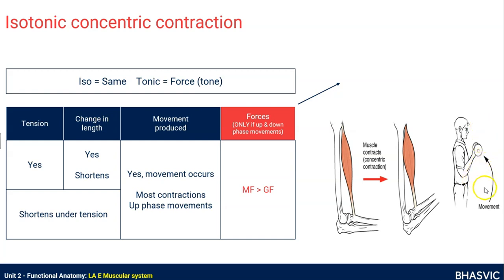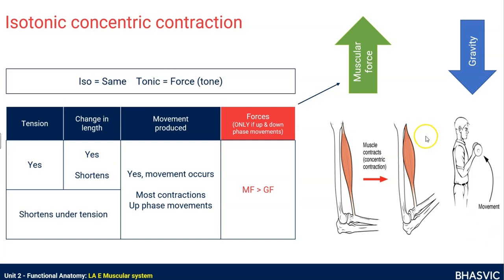So remember, gravity is constant, it never changes, it's a constant downward force. So if I want to move the dumbbell upwards, I've got to generate a bigger muscular force than the gravitational force. So here we have something that just symbolizes the muscular force is bigger than gravitational force, and that is concentric contraction on the up phase of certain movements.